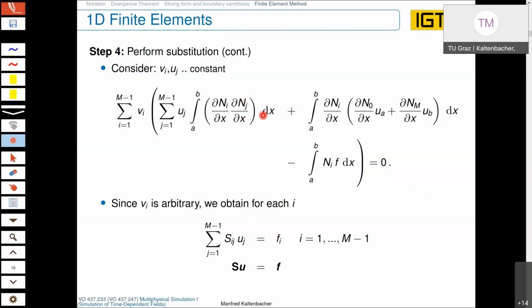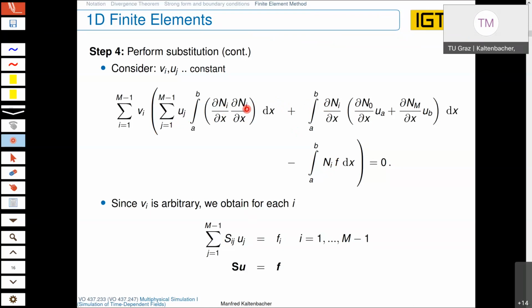We have here this additional term where we have here the Dirichlet value at the left boundary and the Dirichlet value on the right boundary. And we should not forget that we also have our excitation term, which is shown here. Here is the parenthesis, as you can see, because this depends on N_i, and all these terms depend on N_i and N_j, as shown here.